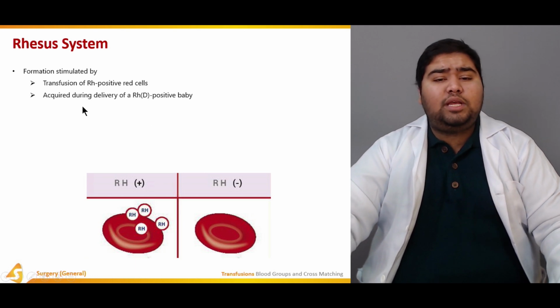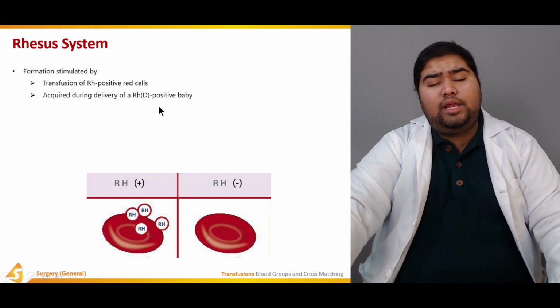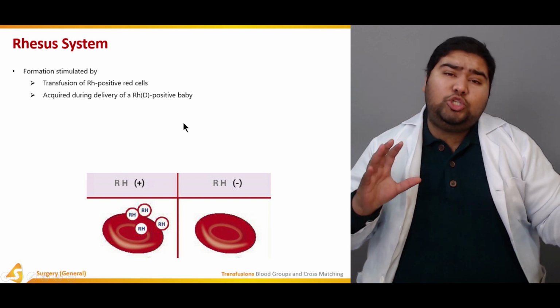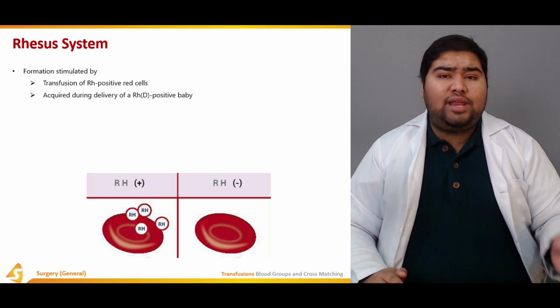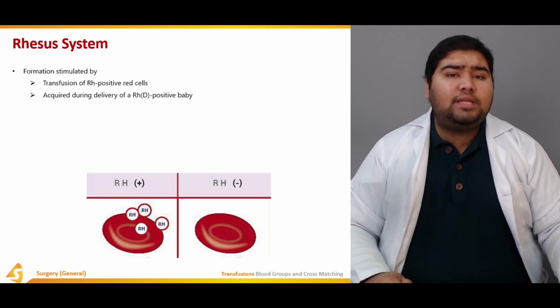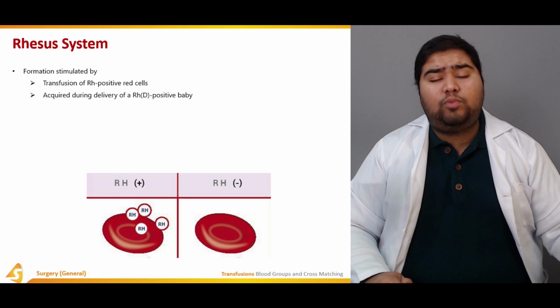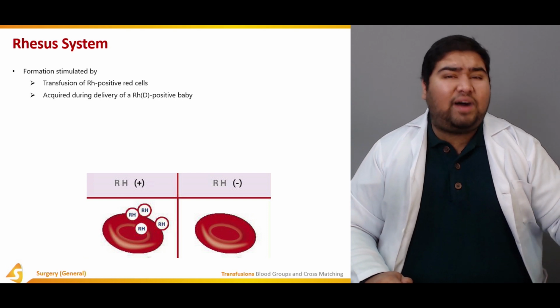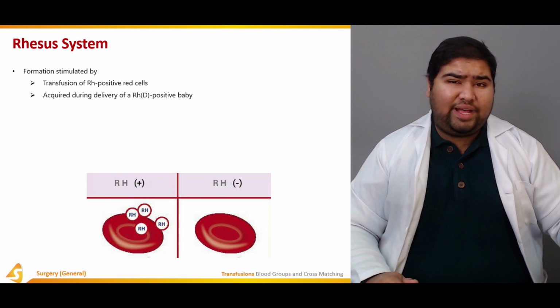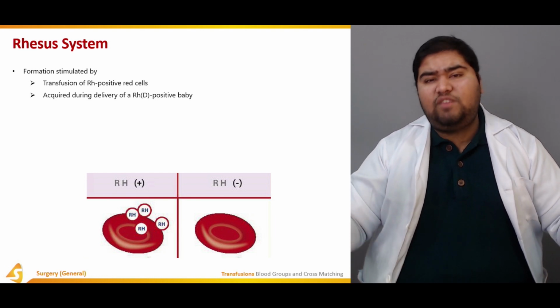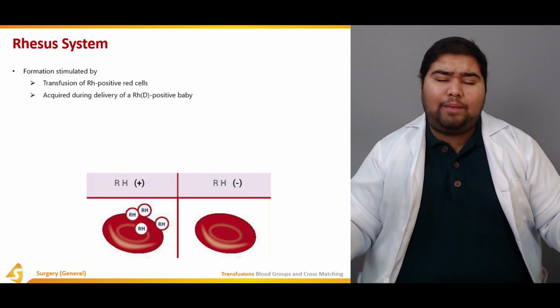Now, it is also acquired during delivery of a Rh positive baby. Usually this occurs in females who are Rh negative and who are pregnant with the Rh positive baby. Now the father was Rh positive and the baby is Rh positive as well. However, the female is Rh negative. Now what happens?